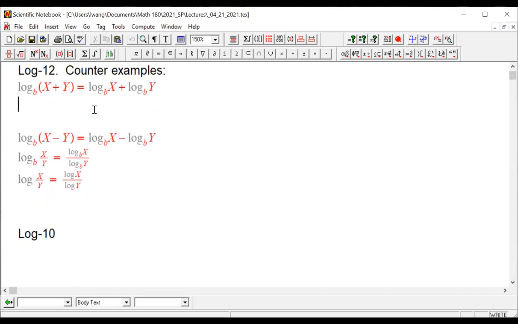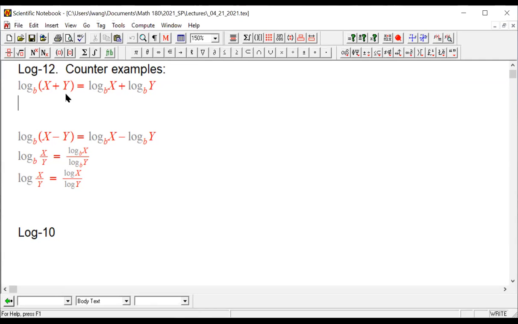The easiest way is to give a counterexample. So the only difference between mine on the screen and the notes is that A is X and B is Y. Okay, so symbolically, they just correspond to each other. I hope that doesn't confuse you. Okay, so let's give some counterexamples.